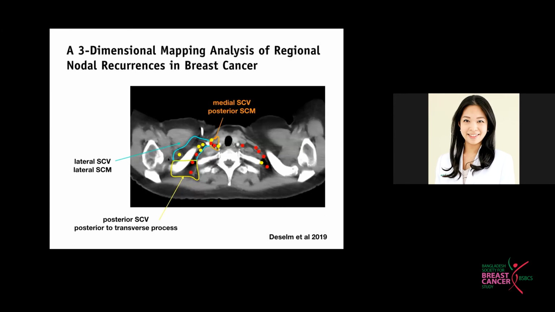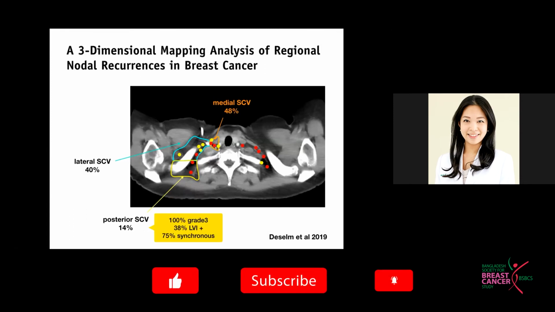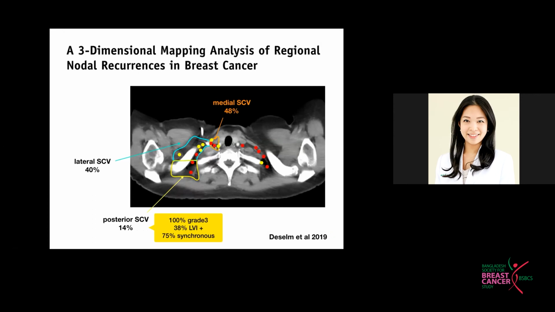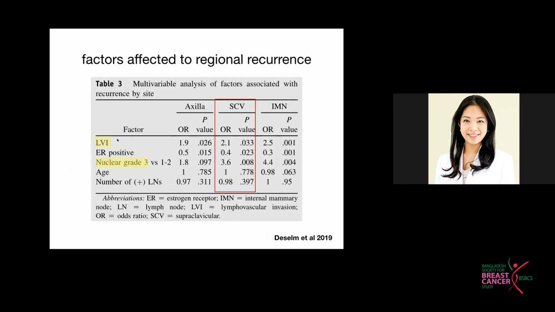About 40 to 48% of the patients recurred at the medial supraclavicular. 5 to 15% recurred at the posterior volumes. 100 of those had grade 3 and 30 patients. And also the 2 supraclavicular recurrences were lymphovascular and nuclear grade 3.